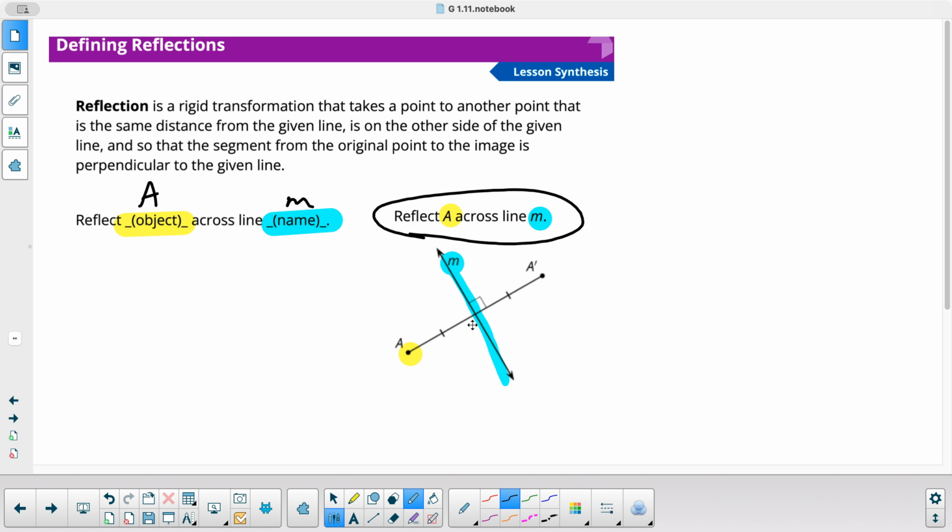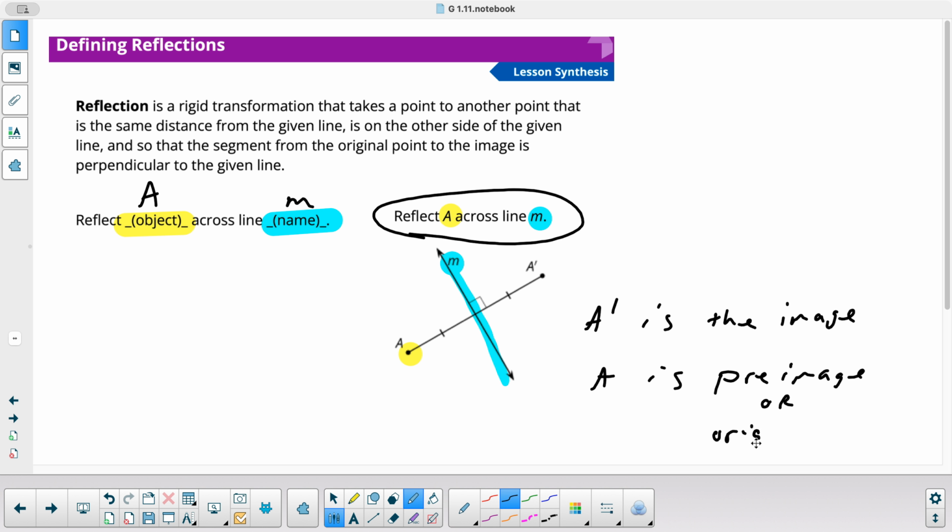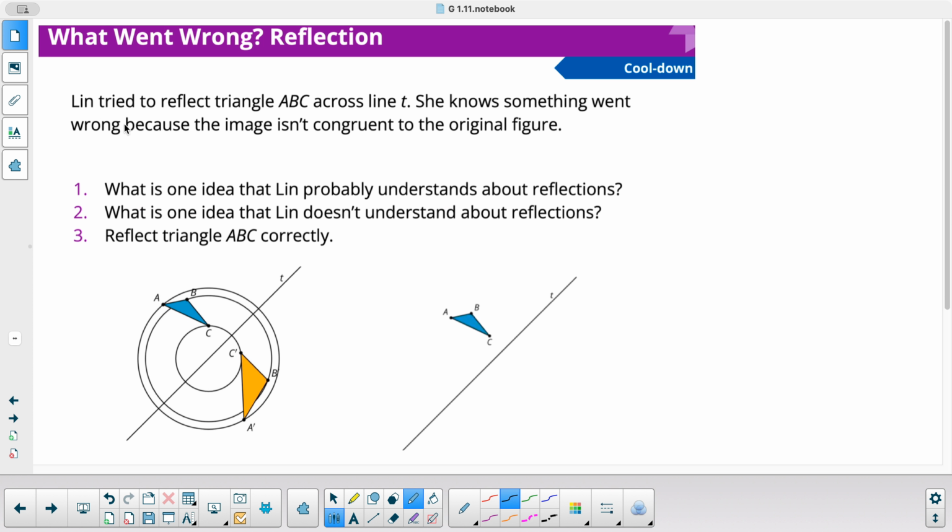Just another thing here, A prime is the image, and A is the, I call it the pre-image. You might just see it called the original. But there you go. All right, equidistant and perpendicular.